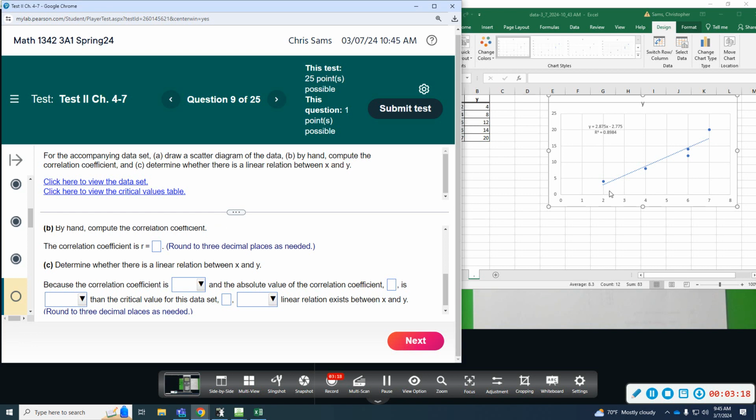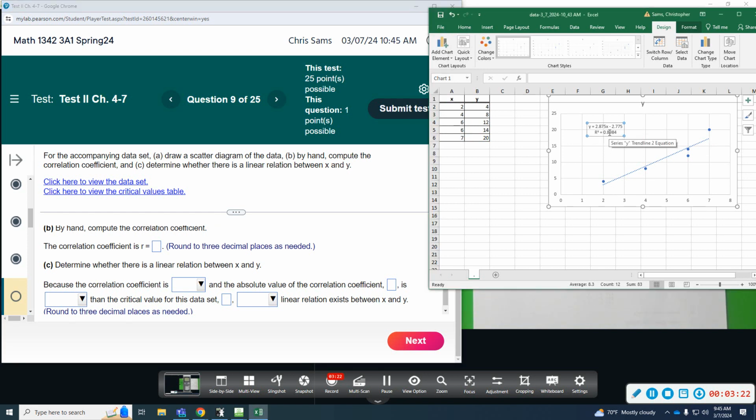Compute the correlation coefficient. Because this is positive, I know my correlation coefficient will be positive. This is kind of small, hard to see, but the R-squared is what we use to find R, the correlation coefficient. We're going to take the square root of this number. So 0.8984.